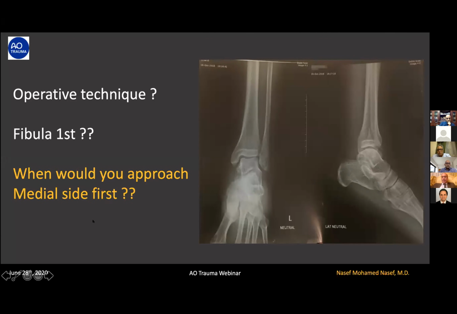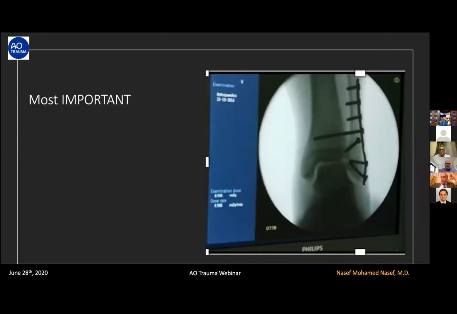Okay, so for sake of time, panelists, would you, in any particular case, approach the medial side first? Thank you, Dr. Nasef, for this very nice case, because in my experience and in all our experience, it's a very common mismanaged injury.